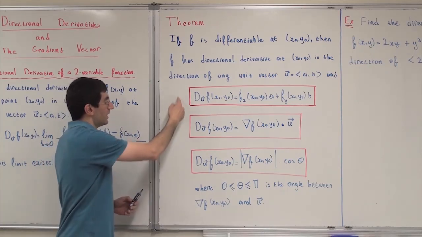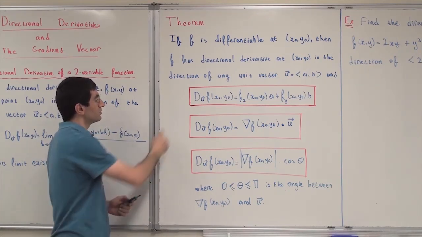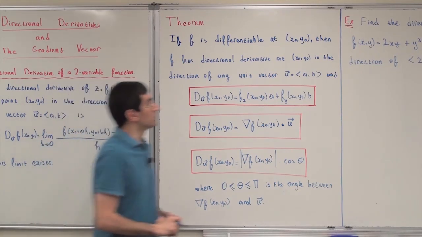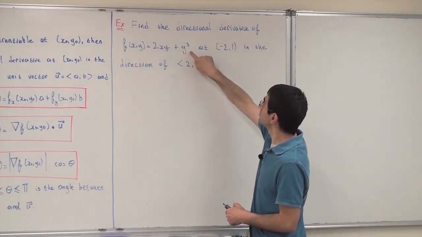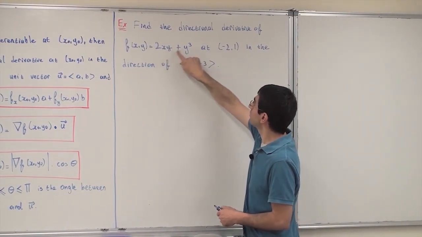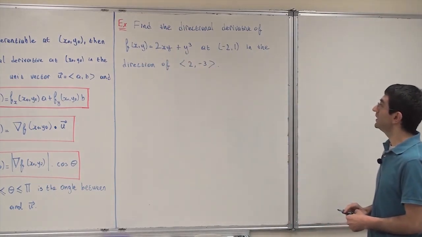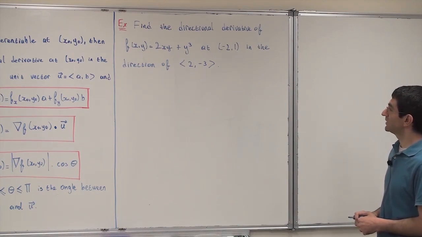Now, to evaluate the directional derivative, you can use any of these formulas. So, let's see an application. We'd like to find the directional derivative of this two-variable function, 2xy plus y cubed, at the point negative 2, 1 in the direction of the vector 2, negative 3.